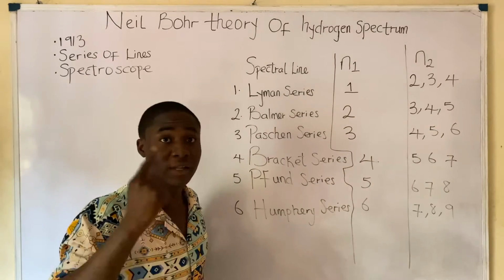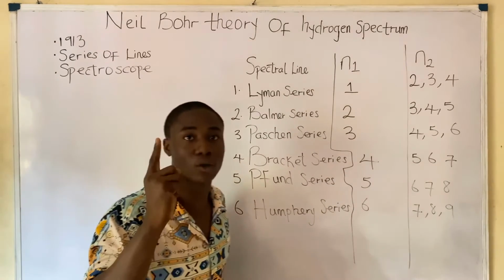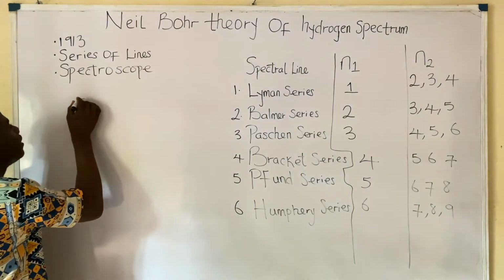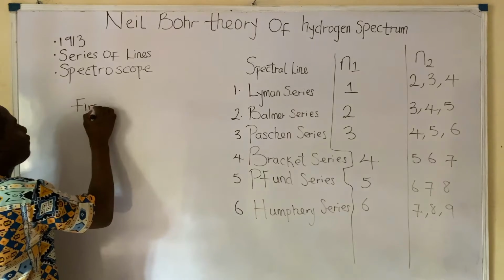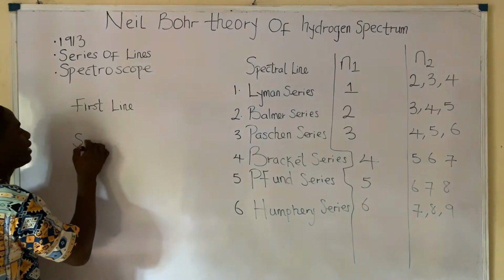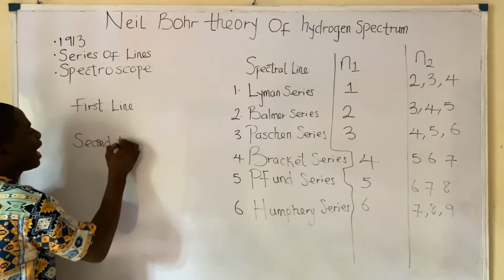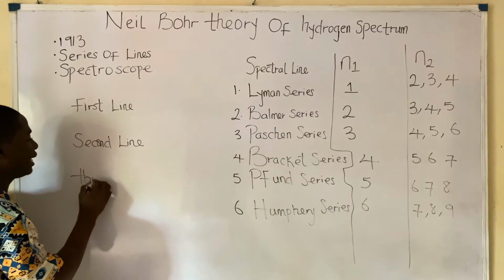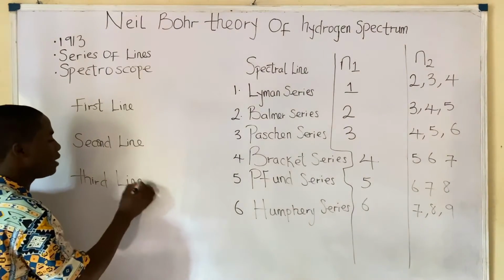Okay guys, moving further, we have to take note of something very important, because when we start solving questions, we'll be seeing words like first line, second line, and third line, as the case may be.